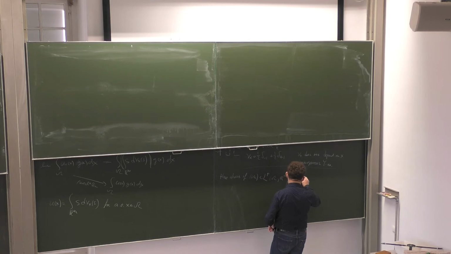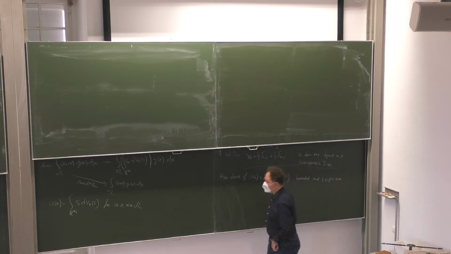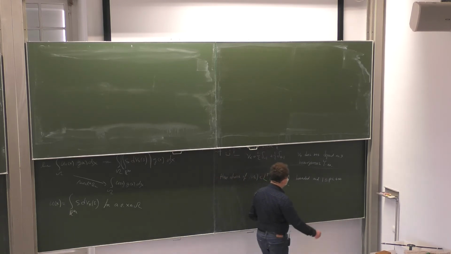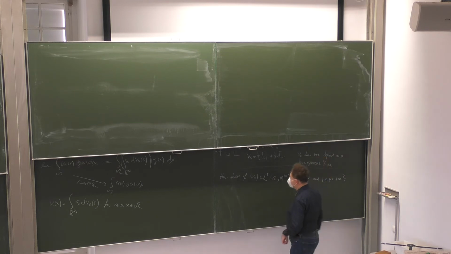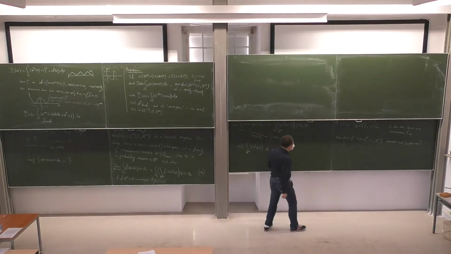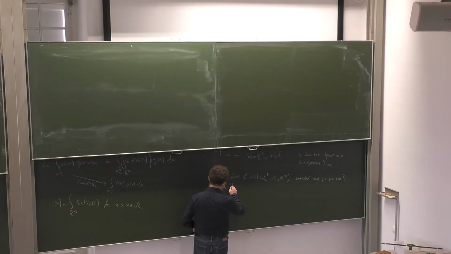Bounded, and p is at least 1, and this is really smaller than infinity. So the answer is the following: then there exists ν_x.